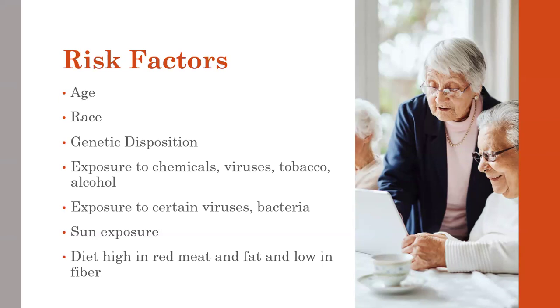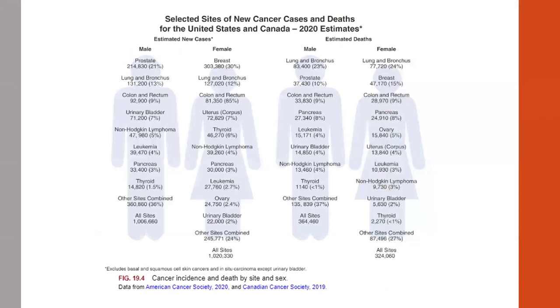Genetic predisposition, you can't choose your family, you can't choose the genes. Exposure to chemicals, viruses, tobacco, again, these destroy the proto-oncogenes and make it more likely that the bad genes will be expressed. Exposure to viruses, exposure to the sun, and basically the American diet, so high in red meat and high in fat and low in fiber. Okay, these are the most common cancers.